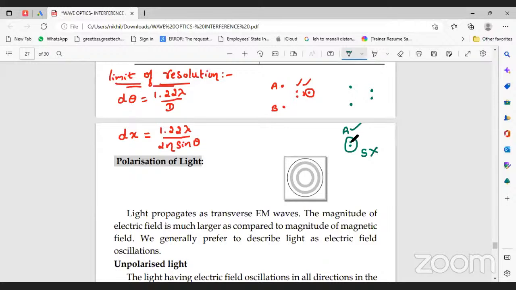My ability in the instrument and your ability in the instrument are definitely different. Because you are saying that in this box there are 2-point objects, but I am saying that there is only 1-point object. So the ability of the instrument to distinguish the 2-point objects is what we call the resolving power.